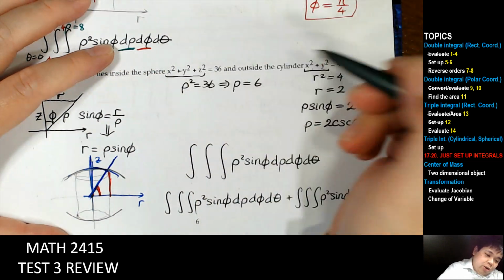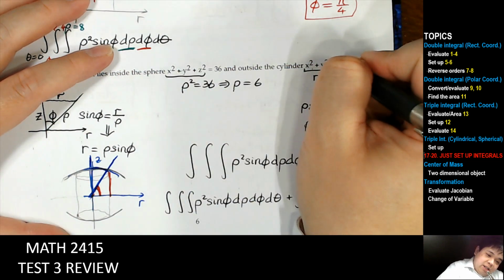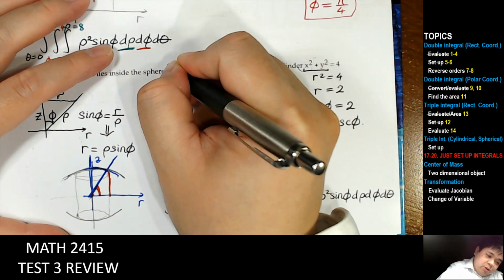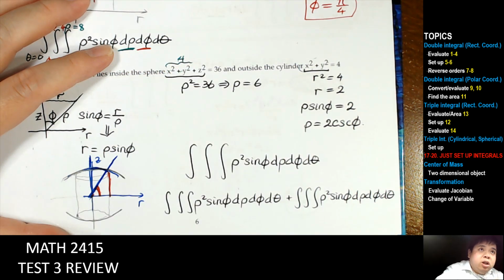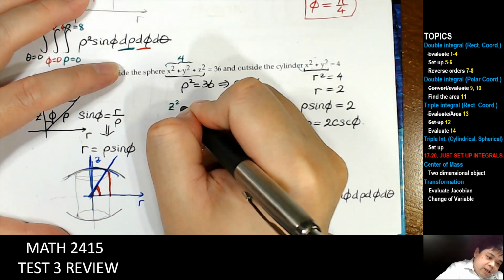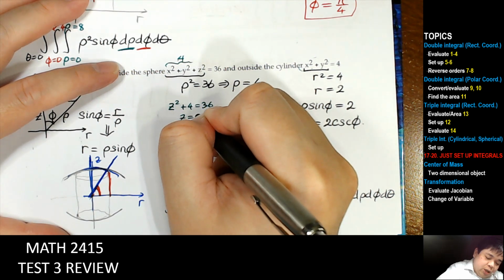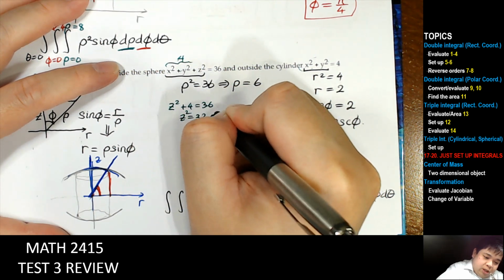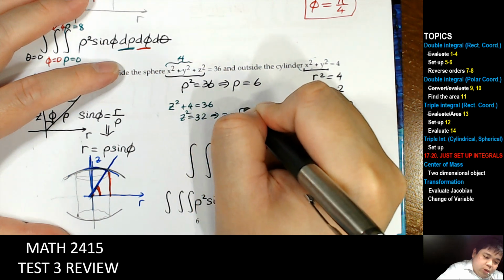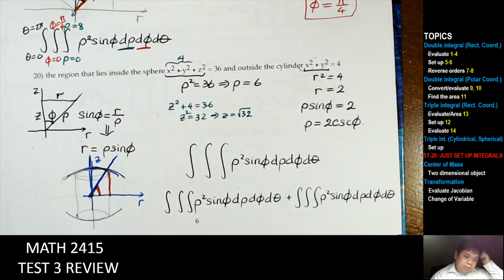We'll let those two equal each other. This is x squared plus y squared is 4, so this is going to be 4. So we have z squared plus 4 equal to 36. So z squared is equal to 32. So z is equal to square root of 32. Right.